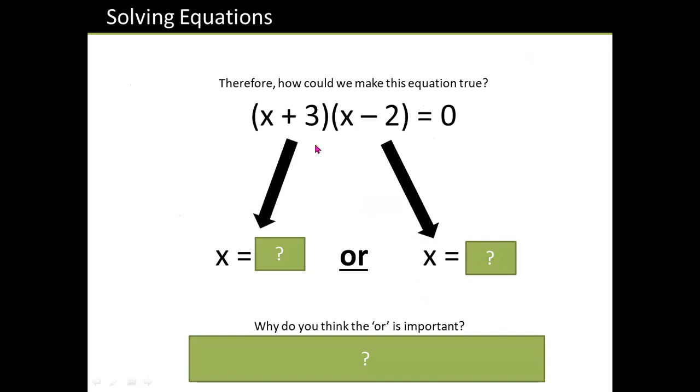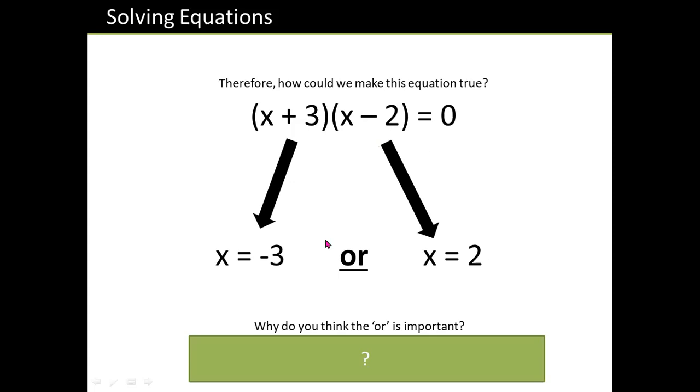So what are the values then? x plus 3 and x minus 2 equals 0. To make it 0, x will be negative 3. So negative 3 plus 3 is 0. x minus 2, so your x should be 2, so that 2 minus 2 is 0. So therefore, 0 equals 0.